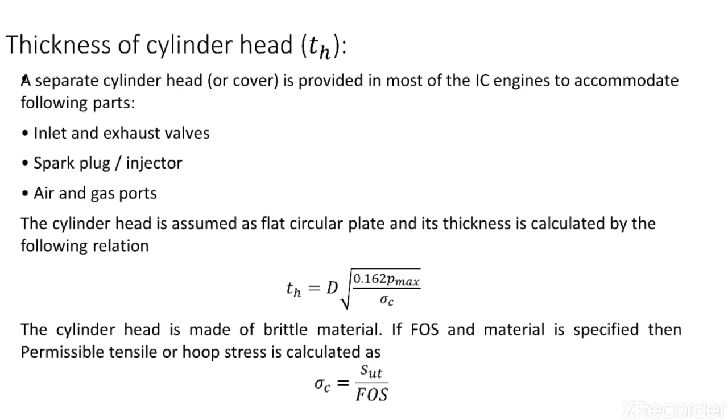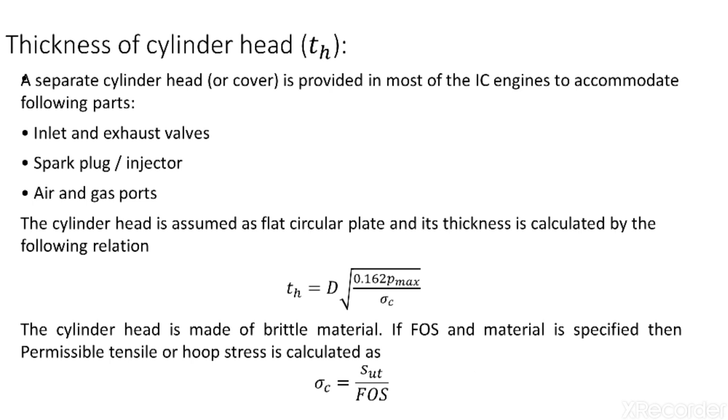Thickness of cylinder head, T_h. A separate cylinder head or cover is provided in most of the IC engines to accommodate the following parts: inlet and exhaust valves, spark plug, injector, air and gas ports. The cylinder head is assumed as flat circular plate and its thickness is calculated by the following relation: T_h equal to capital D square root of 0.162 P_max divided by sigma_c.